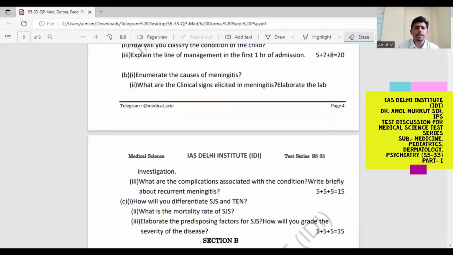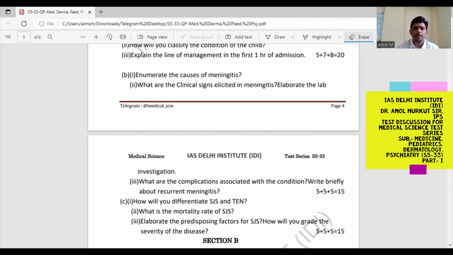Then there are virus, cytomegalovirus, Epstein-Barr virus, Japanese encephalitis virus, several viruses. Sometimes in leukemia also there can be meningitis, or drugs can also cause symptoms of meningitis due to irritation.